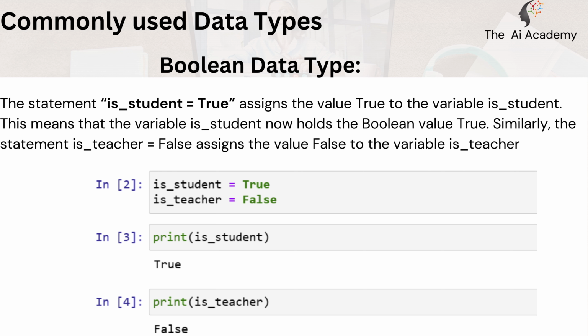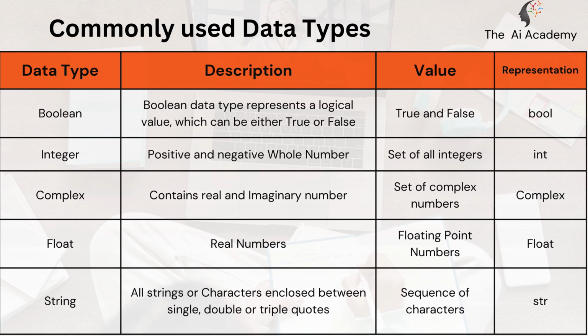Next is is_teacher equals False. The variable is created if it didn't exist before, and assigned the Boolean value False. This variable could represent a different condition or state, such as whether a person is a teacher or not. If we were to print the value of the variable, it would output False.